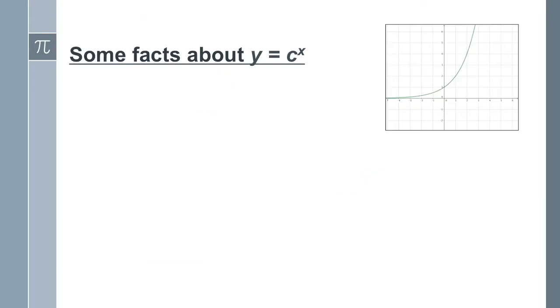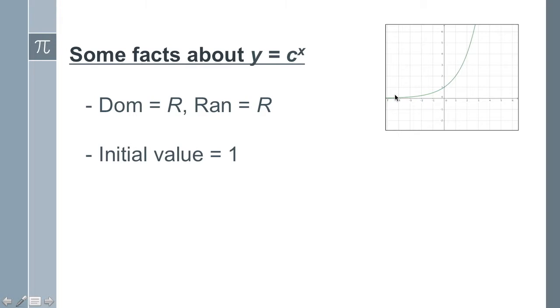Here are some facts about y is equal to c to the x. The domain is the set of real numbers, and the range is the set of positive real numbers. The initial value is 1.